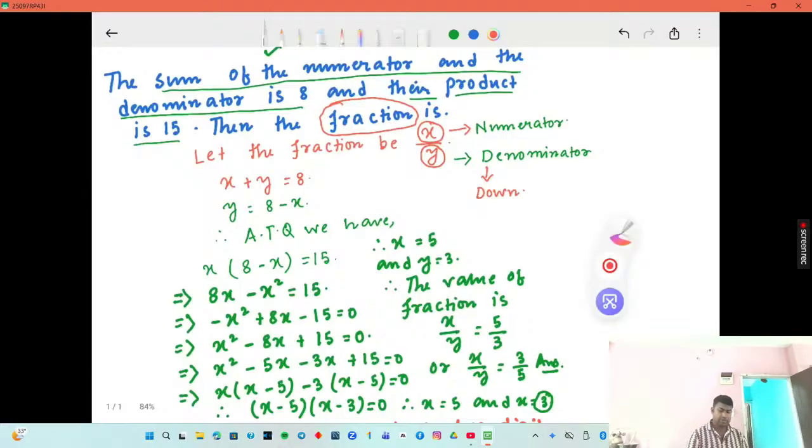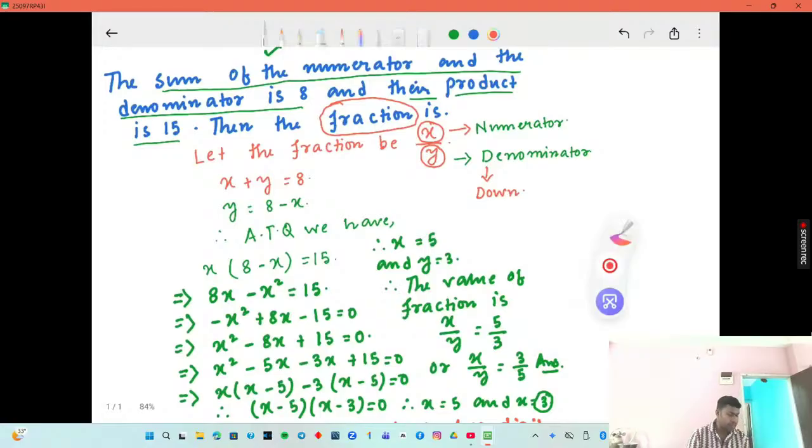So here we have to find what the fraction will be.